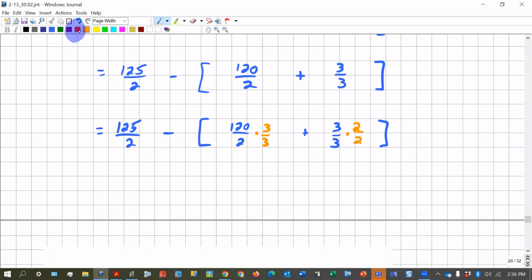And if I really wanted to, I could get a common denominator with this fraction too, because I'm gonna be subtracting eventually. So I've got 375 over 6 minus the quantity 360 over 6 plus 6 over 6.